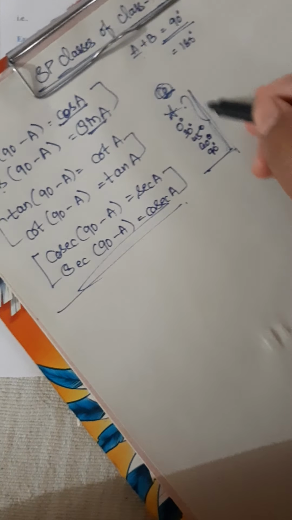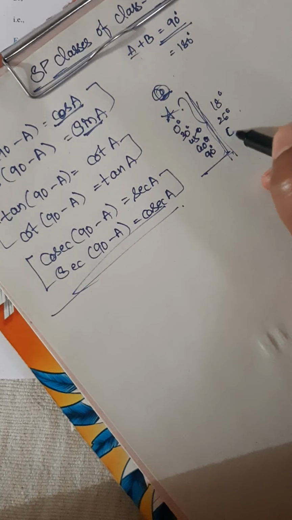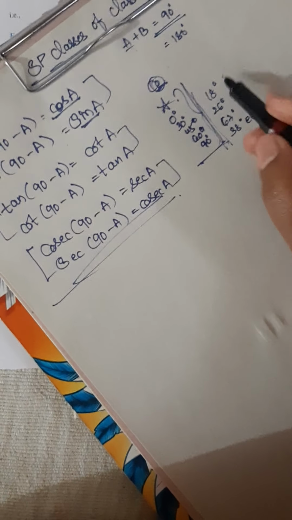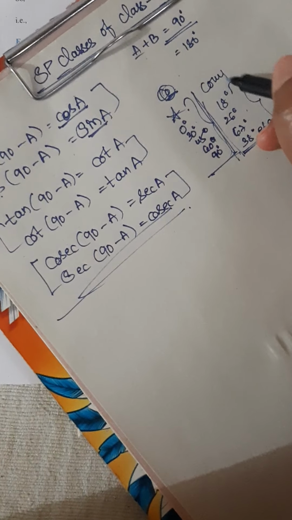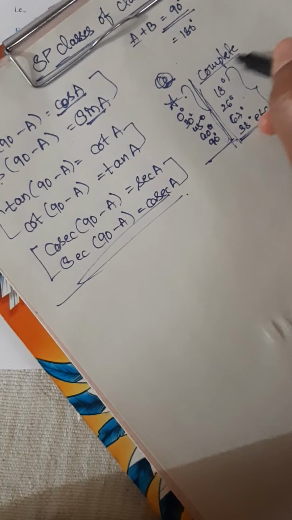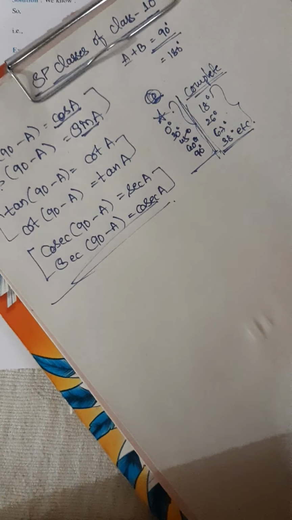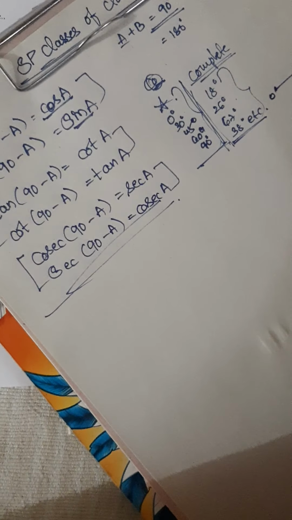Apart from these, for angles like 18 degree, 26 degree, 38 degree, etc., if we have to solve, these are complementary angles that we have to take in another form and solve. For this we have 0 to 90 degrees.